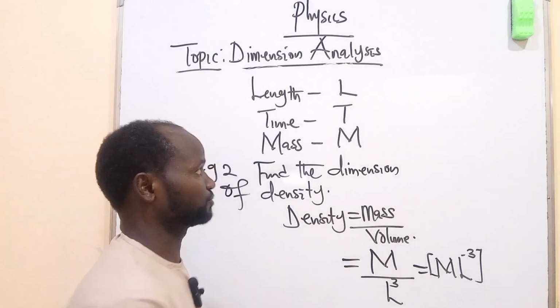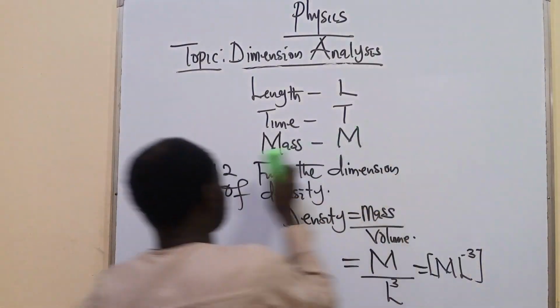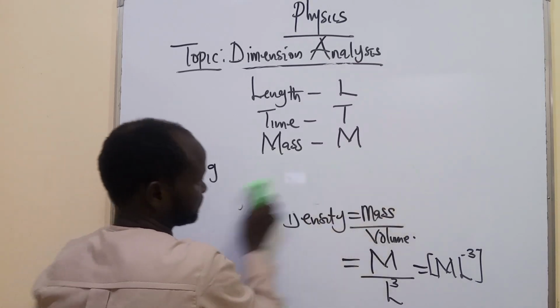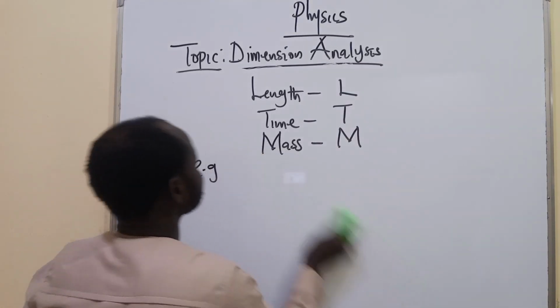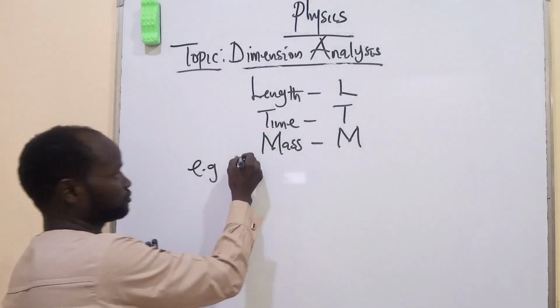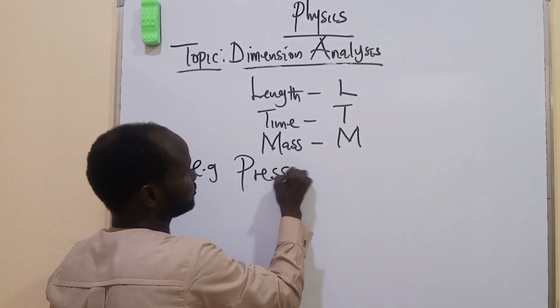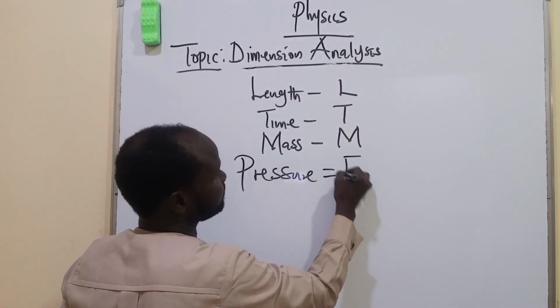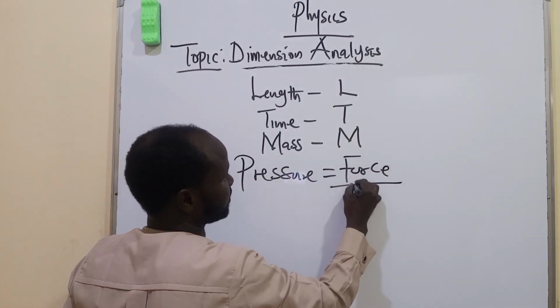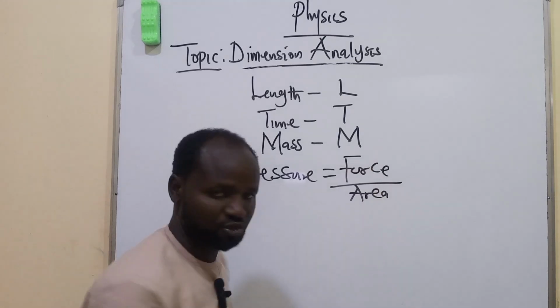Let's look at pressure. Let's move to another example. Looking at the dimension of pressure. Pressure is force over what? Force over area. This is the formula for pressure. Very important.